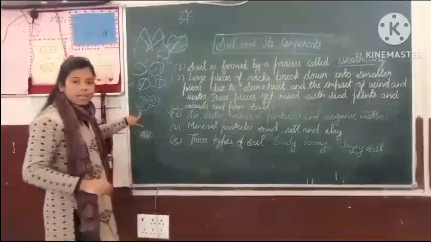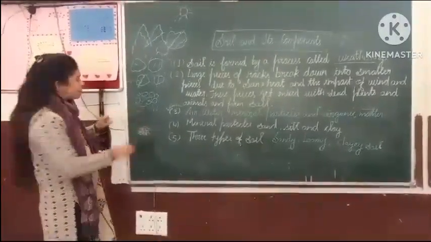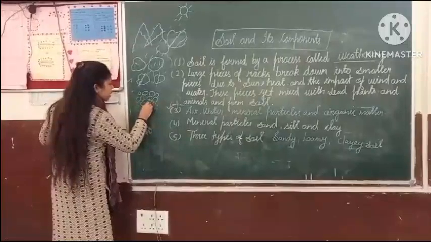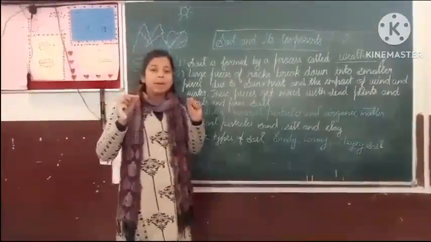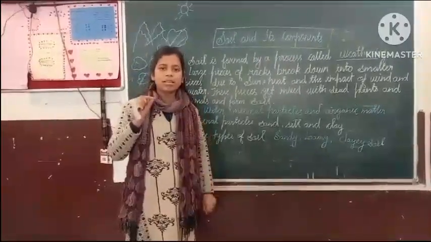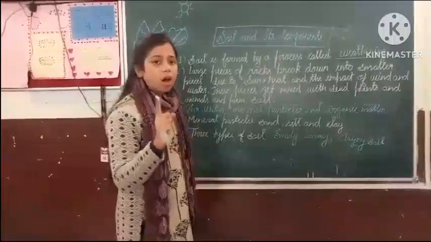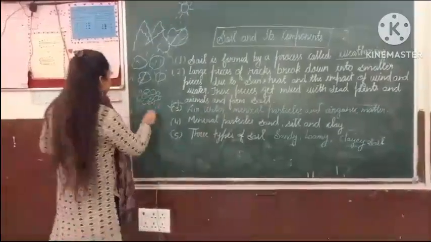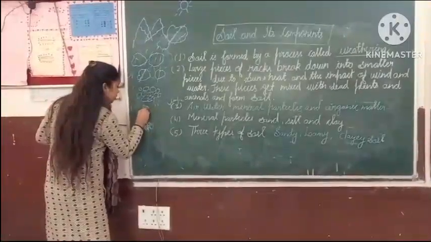They mixed with dead plants and animals. Dead plants, small leaves you can see in soil. That is dead parts of the plants. Small leaves and roots, many sticks that you see in the soil. These are organic matter that is mixed with the soil, and after that the soil is formed.